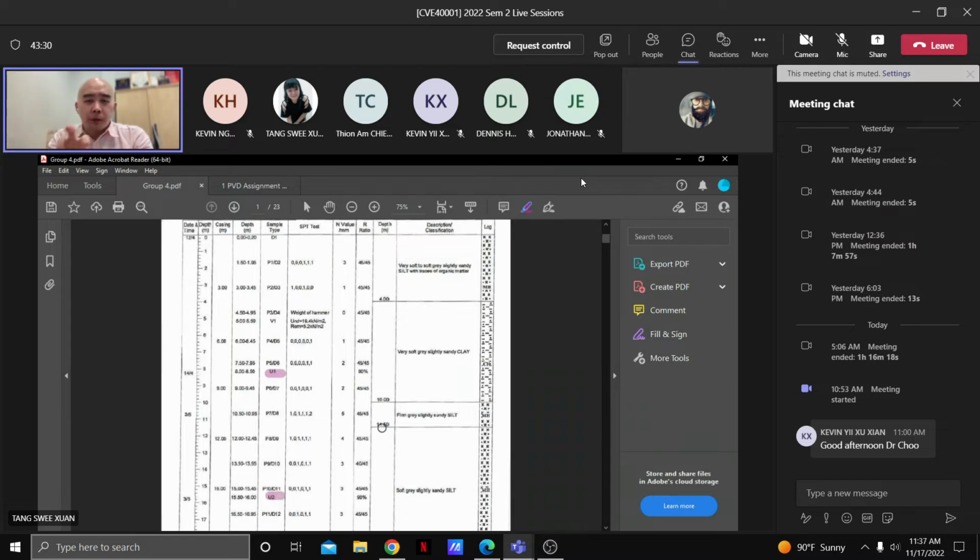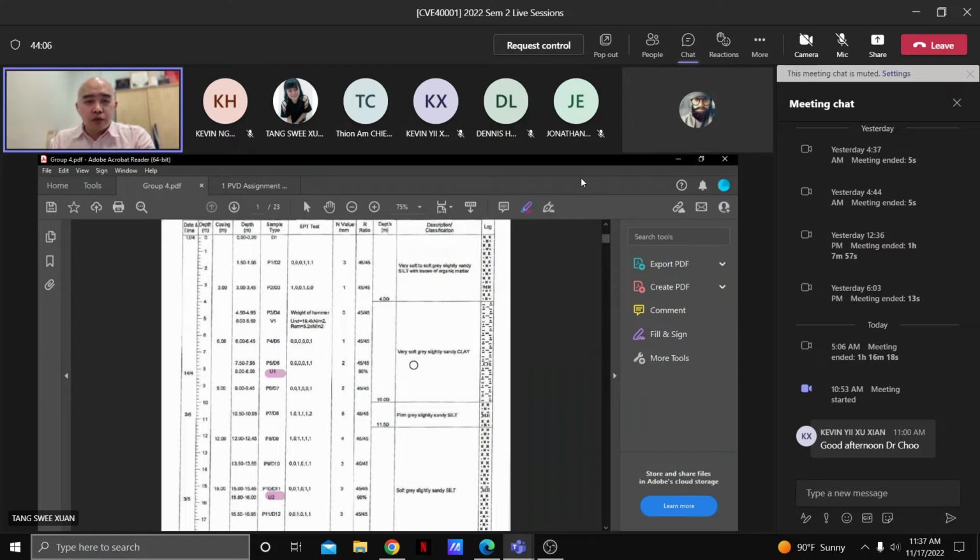Okay, so U1, if you look, is in this layer of very soft clay. Above it, there's also very soft silt. Below the very soft clay, you've got a firm layer of silt. Then U2 is in this soft silt layer. So what it means is that you can use U1 to represent the very soft silt at the top, as well as the very soft clay down to 10 meters.